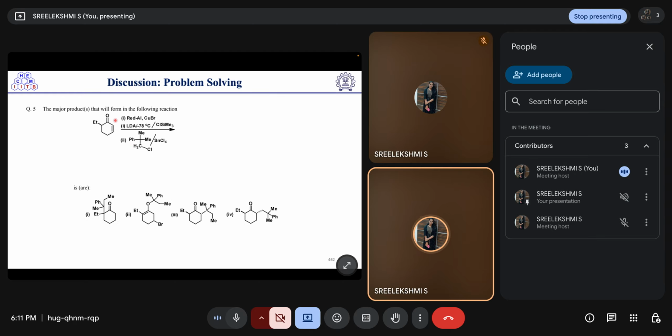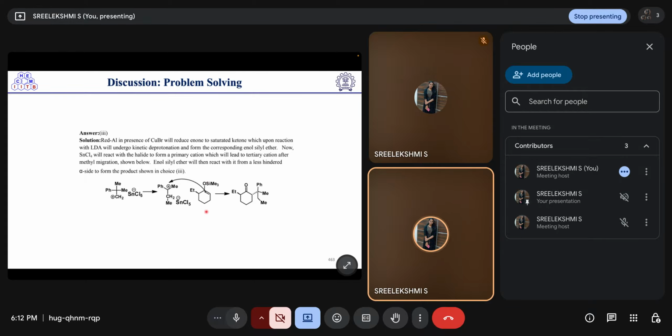So Red-Al with copper bromide will reduce this double bond. Then LDA, being a bulky base, will abstract a proton from this center, and it will form this particular silyl enol ether. Kinetic deprotonation will be happening.